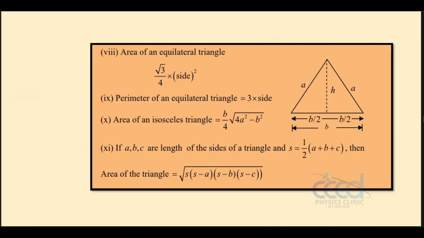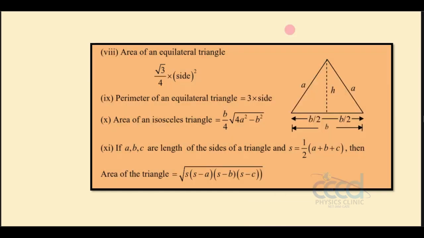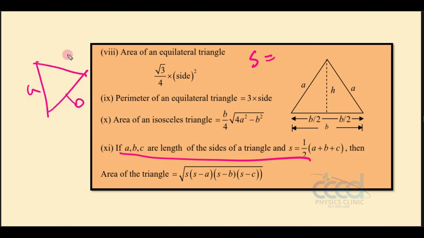Now another point is, if A, B, C are the lengths of the sides of the triangle, then suppose we define a term S equal to, this side A, this side B, this side C, the mean of the three side lengths, that is A plus B plus C by 2.